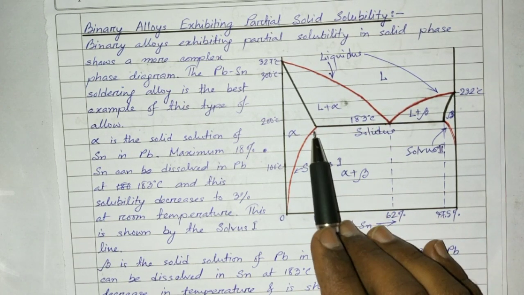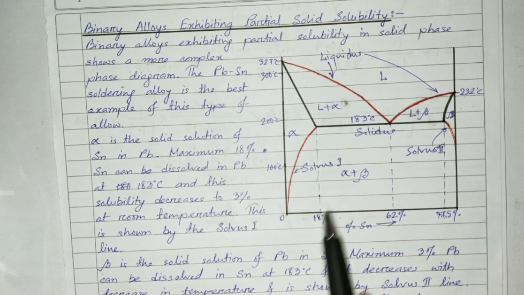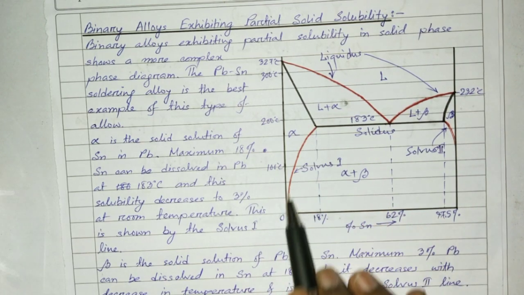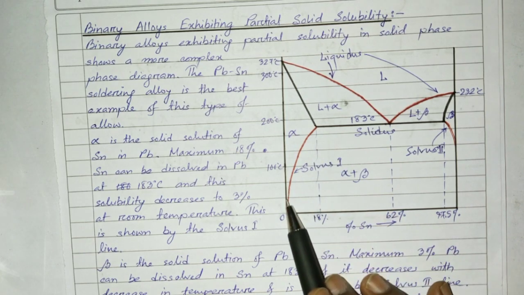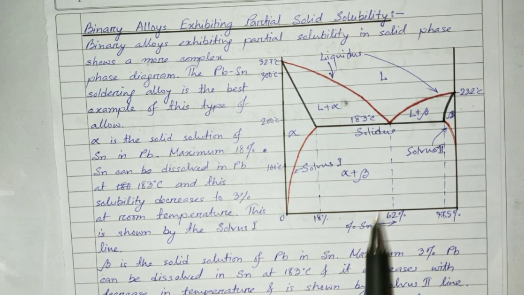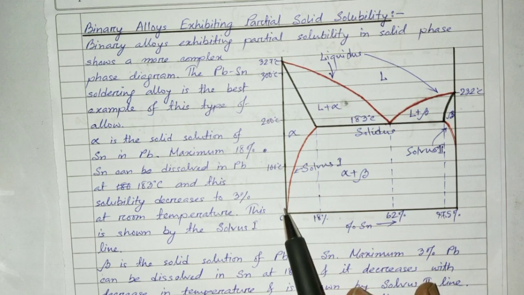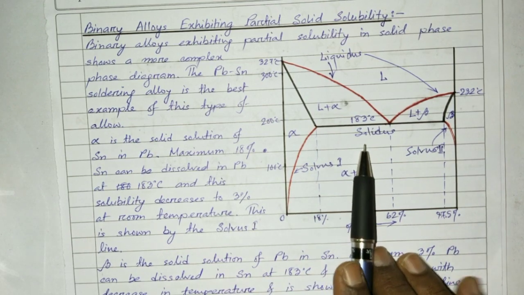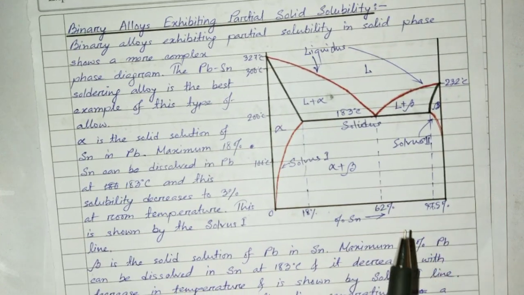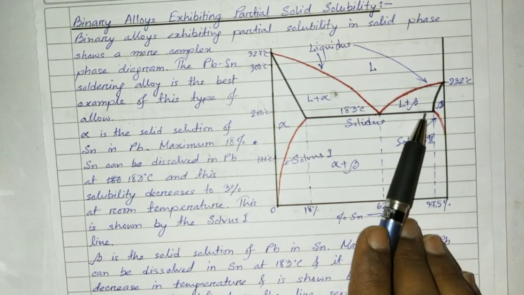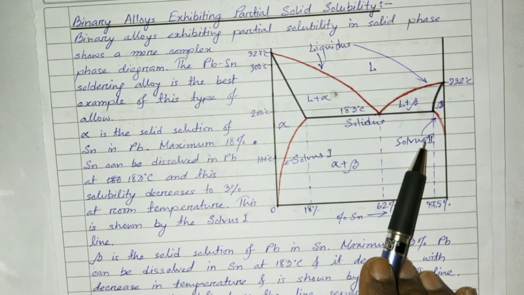But as the temperature decreases, the solubility of tin in lead decreases, and this decrease in solubility of tin in lead is shown by this solvus line. Similarly, the decrease in solubility of lead in tin is given by solvus line 2.